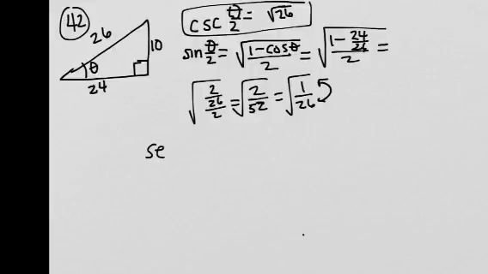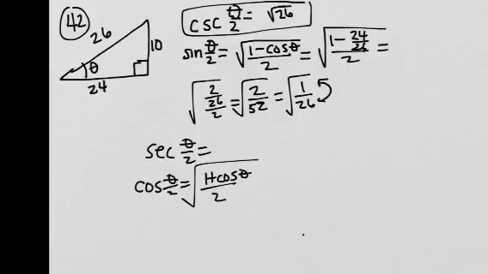For secant of theta over 2, I'm going to do the same thing. I'm going to use its reciprocal. And we know that this is 1 plus cosine theta divided by 2, square root. Again, we don't worry about plus minus because it's a triangle. All the values are positive on the sides.